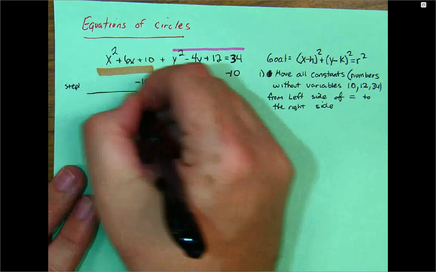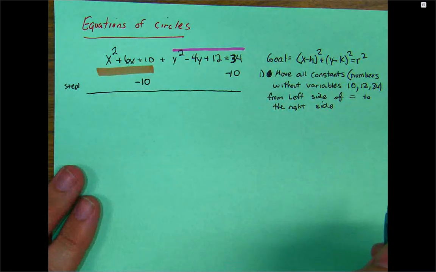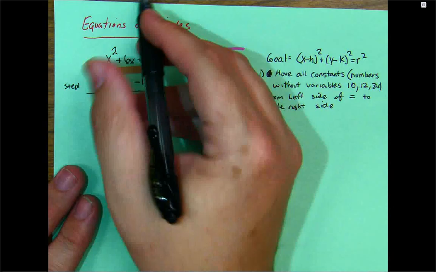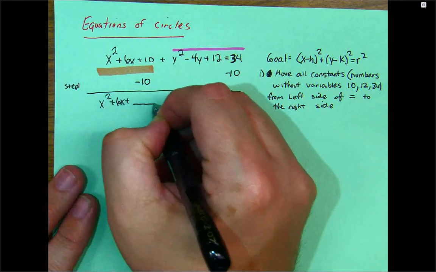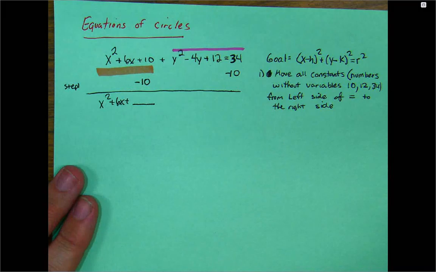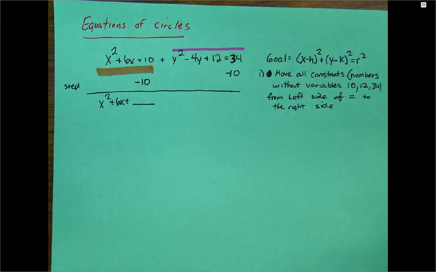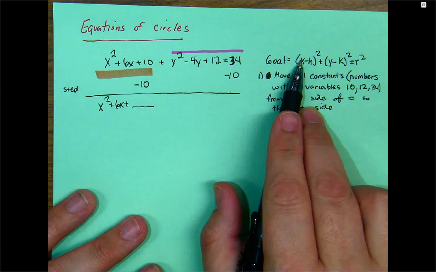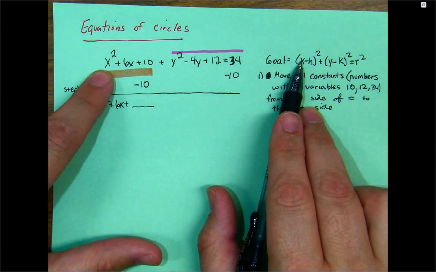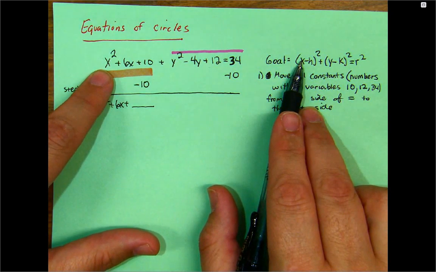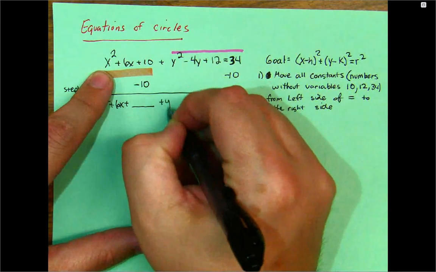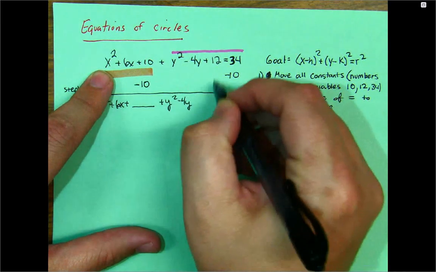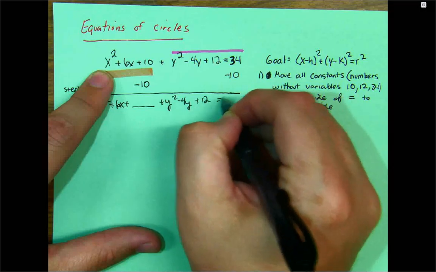I'll do this one step at a time. So this would be x squared plus 6x plus, I'm going to put a blank there, because we're going to have to complete the square for both of these. This is a square binomial, this isn't, so I need to complete the square to get there. Now, that's plus y squared minus 4y plus 12 is equal to 24.